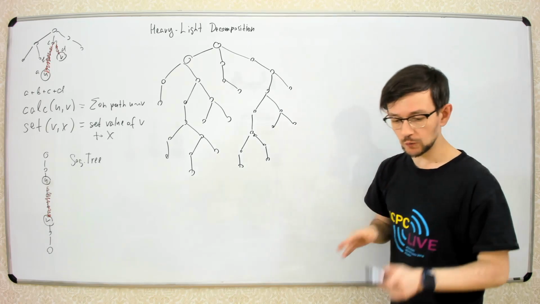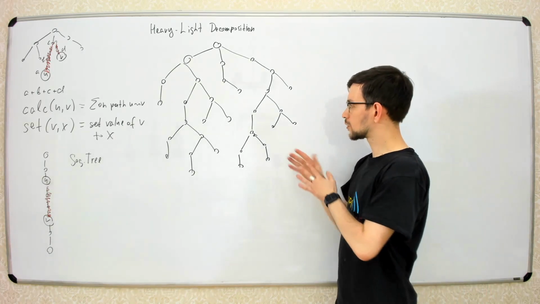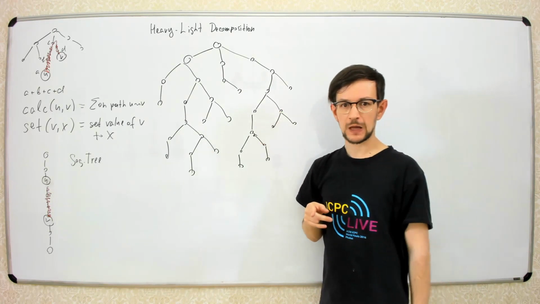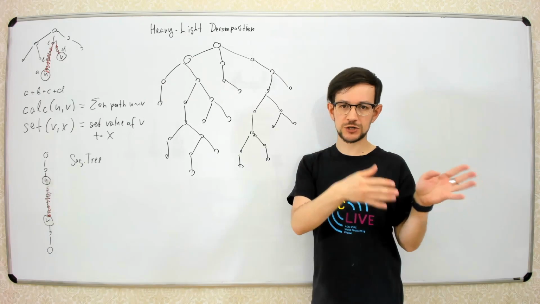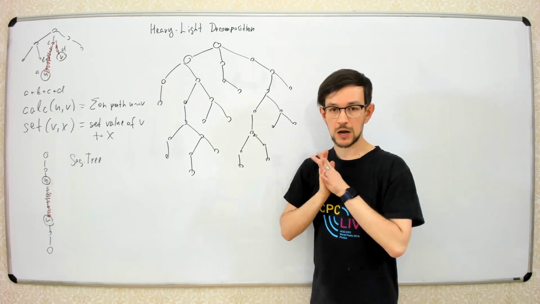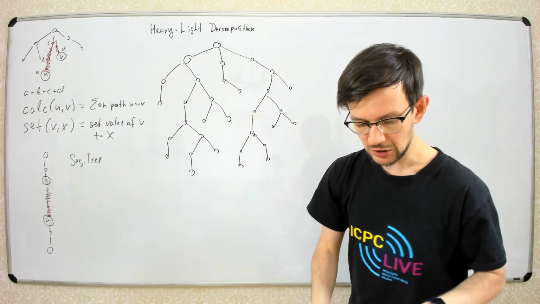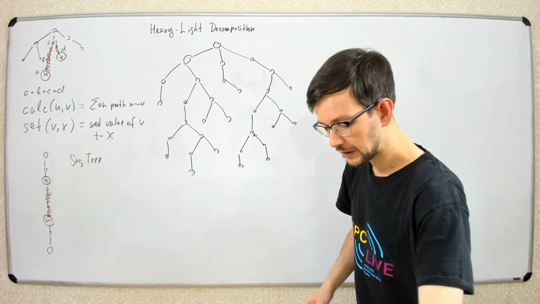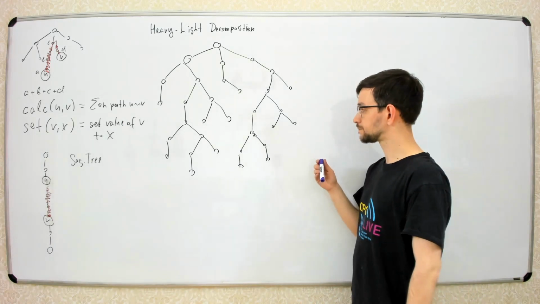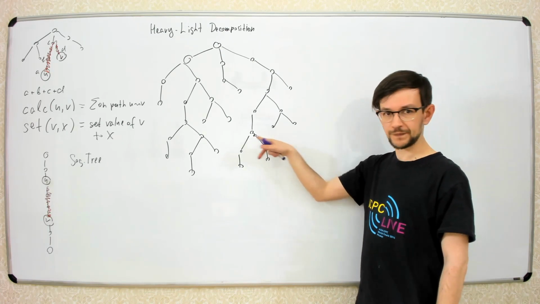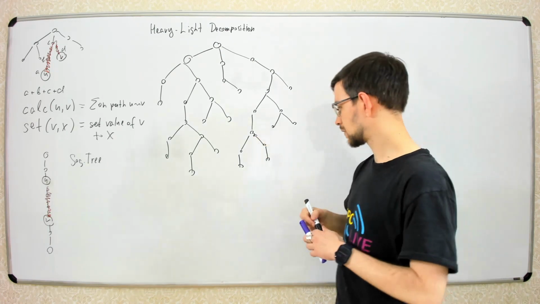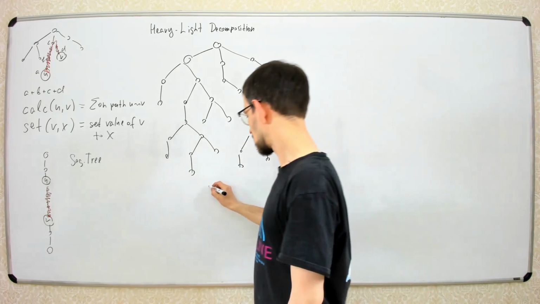Now, what will we do? We'll look at all edges on this tree, and we'll split these edges into two classes. We'll have heavy edges and light edges. How to say if the edges are light or heavy? Let's see. We'll look at each node, and at all children of these nodes.